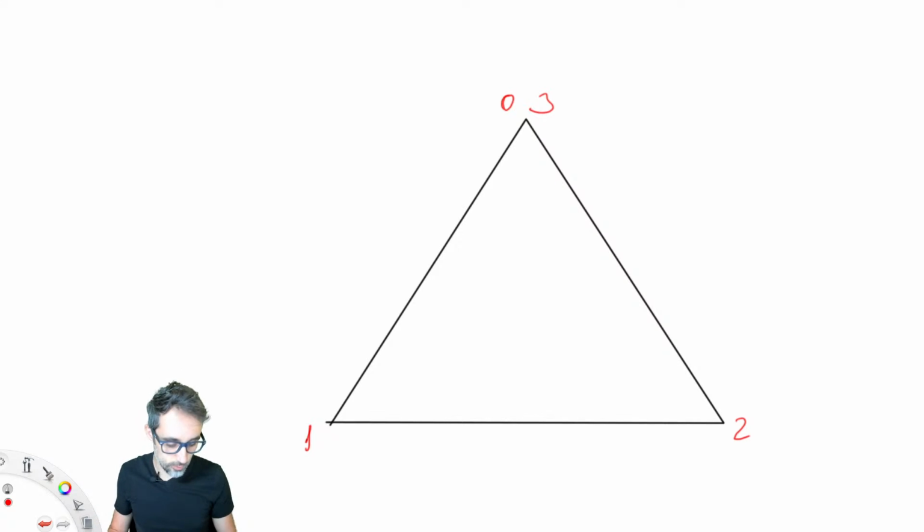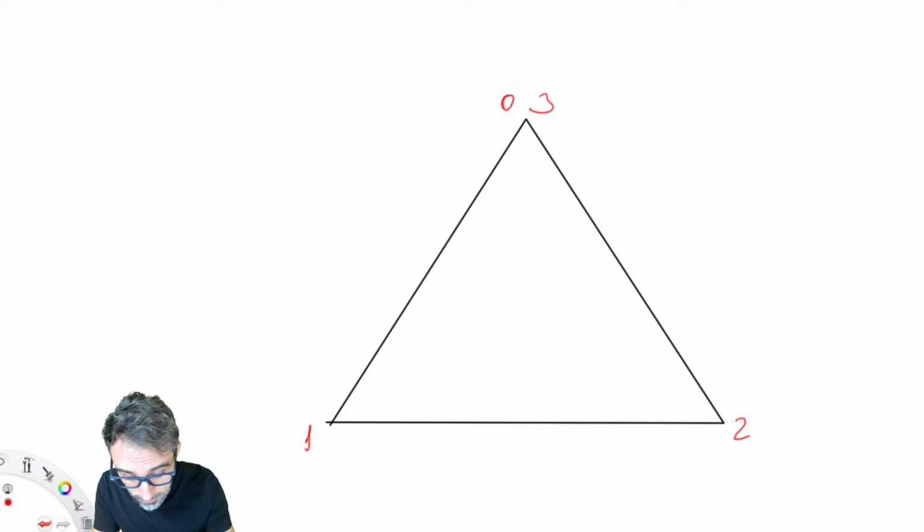And then what we're going to do is find the middle points here, the middle points here, and the middle points here. Those points are going to be, for example, M0. I'm just going to call it M0, this is going to be M1, this is going to be M2.